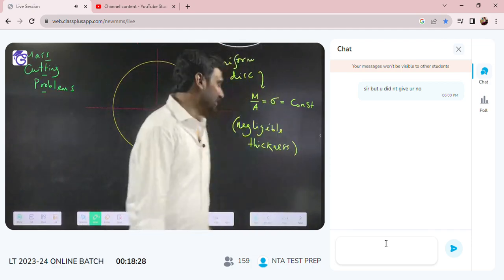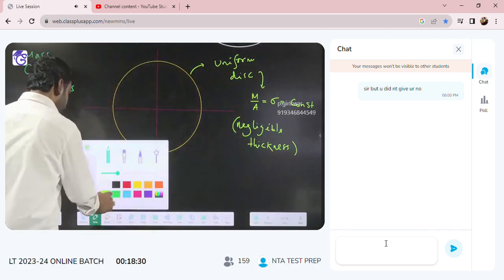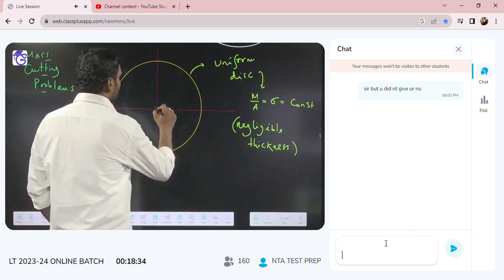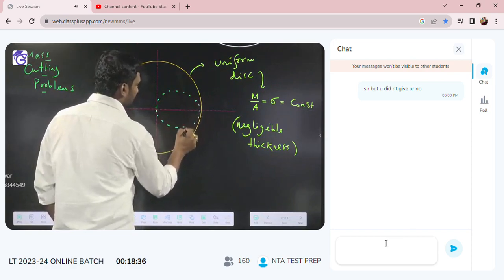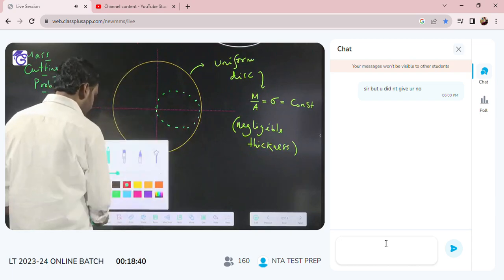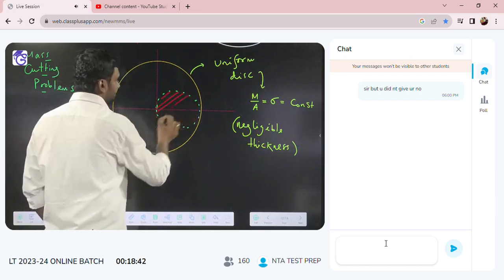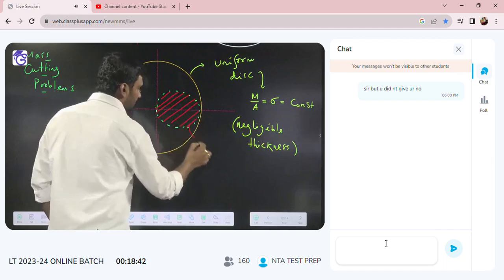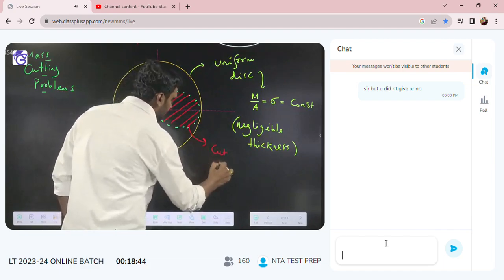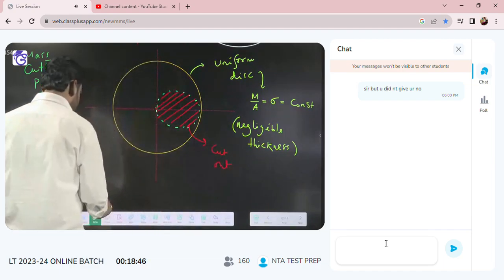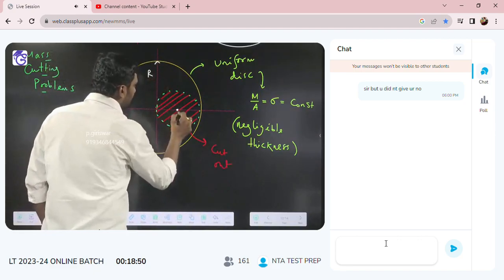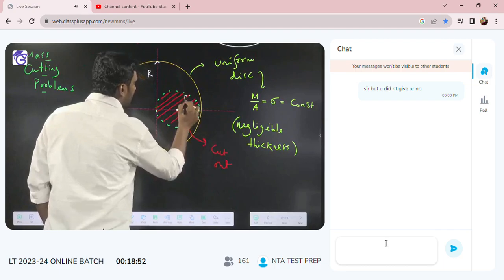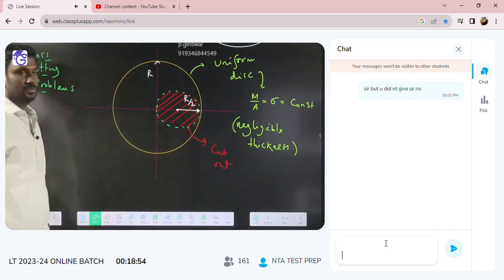So now, on this side, we take out a disk. Suppose this much portion is cut out. It is given that this radius is capital R. This cut out portion has radius R by 2.